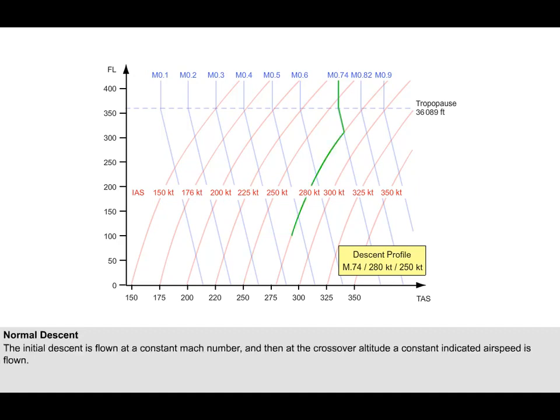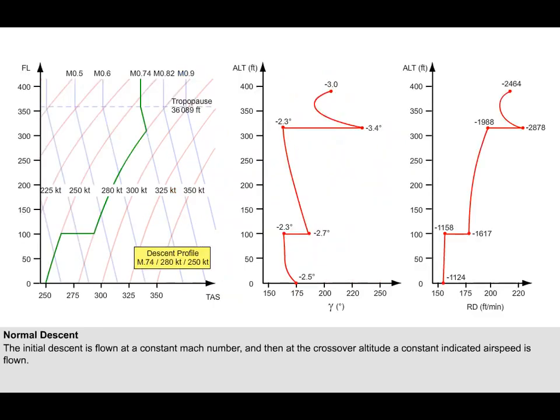Then, at the crossover altitude, the speed is kept constant at 280 knots. But when 10,000 feet is reached, no more than 250 knots must be flown. Shown on screen are the characteristics of that descent, so you can see what happens to the gradient and rate of descent throughout the descent profile.